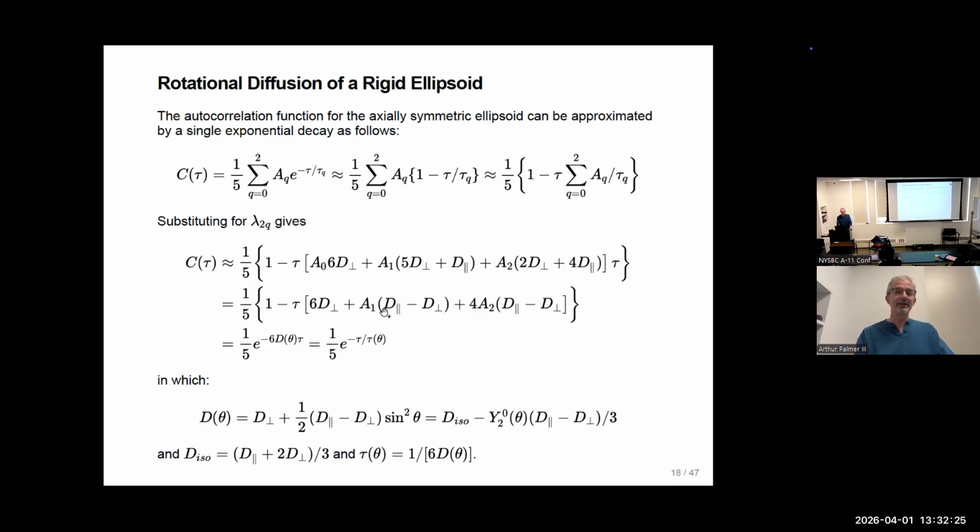I substituted in, did all the sums, and I have something that's 1 minus tau times all this other stuff, which I call an effective diffusion constant. Then 1 minus something times tau looks like the first order expansion of some exponential, so I converted it back to an exponential and defined an effective time constant or effective diffusion constant. Raphael did it in a much more sophisticated way.